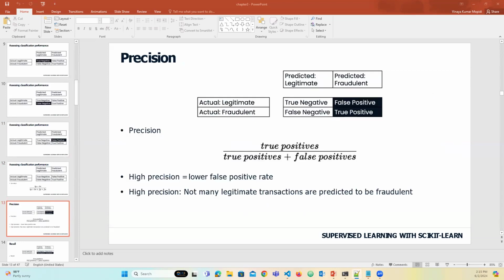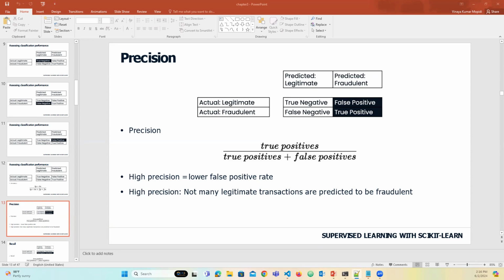Precision. Secondly, there are two other important metrics we can calculate from the confusion matrix. Precision is the number of true positives divided by the sum of all positive predictions. It is also called the positive predictive value.